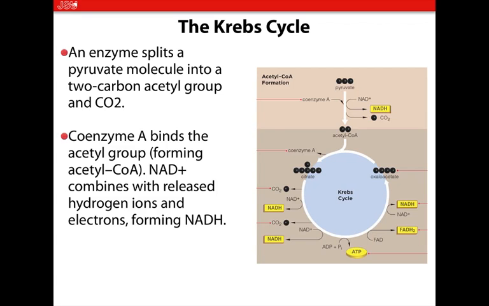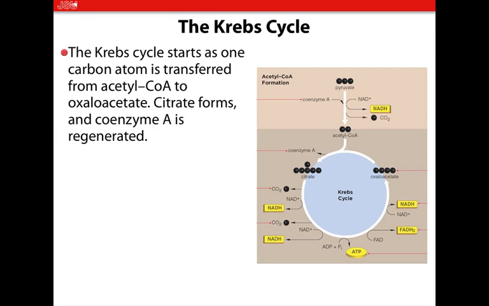And this just summarizes the process. Okay, but let's not lose sight of the big picture here, right? What are we ultimately doing? We're taking one energy carrier, glucose, and we are processing that to make ATP. We're going from a $1,000 bill to a stack of $20 bills.